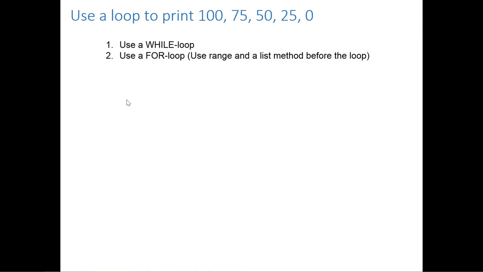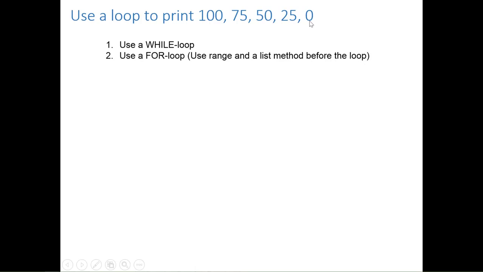Okay, so for the while loop, you need to initialize that looping variable to the first value that you want it to have. You want it to start with 100 this time. So we can set that to 100 initially. And we want it to go down to and including 0.